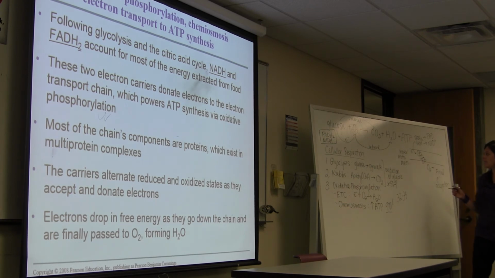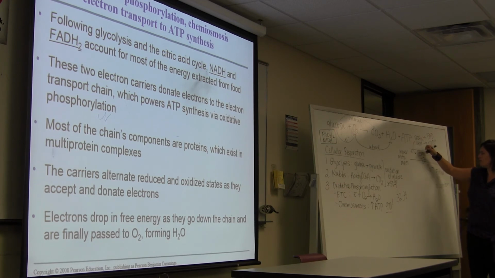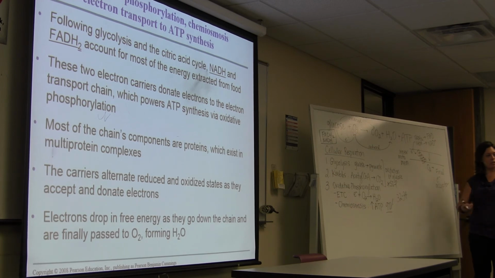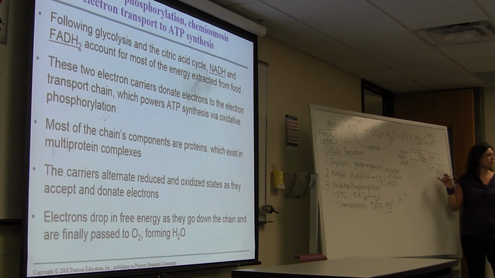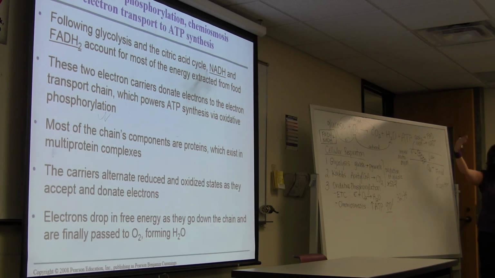The reason why is that if you look at the free energy scale of these proteins, as the electron gets closer and closer to oxygen, these are going to become more stable. In other words, their delta G, their amount of free energy, is going to decrease, which is making them more stable. As these electrons move down the electron transport chain, they're decreasing in free energy. And anytime you decrease in free energy, that means it's an exergonic process.